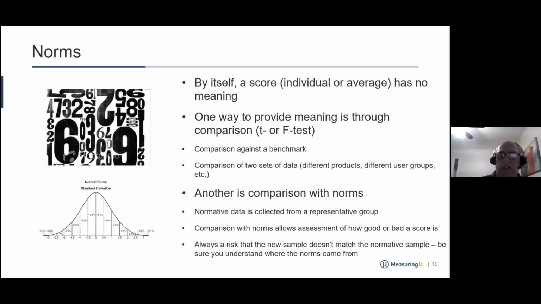There's always a risk that your sample might not match the norms. Make sure you understand where they came from. But when you have norms, that is a step up. Instruments that have been normed have generally more value than those that have not.